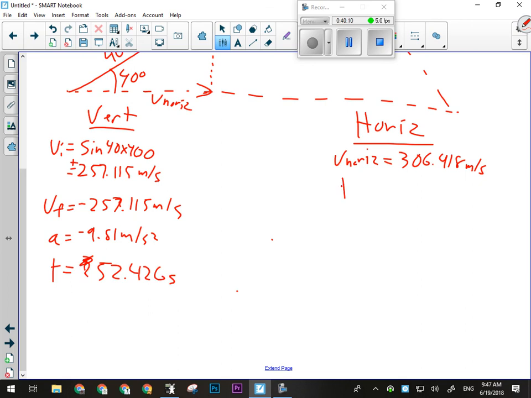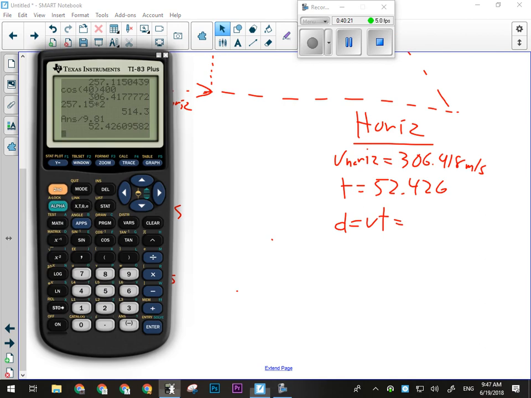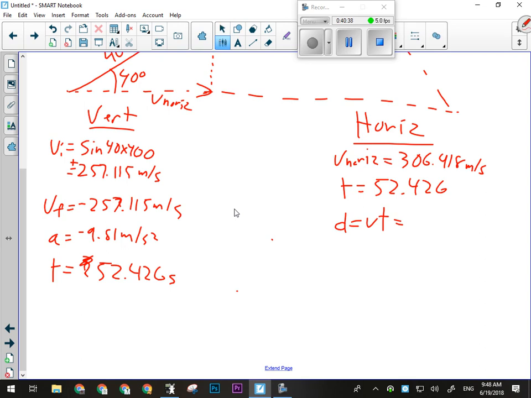All right, so that can come over here, 52.426. Okay, and then we can calculate the horizontal displacement by going v times t. All right, so this thing is going to travel 1.6 times 10 to the 4 meters horizontally.